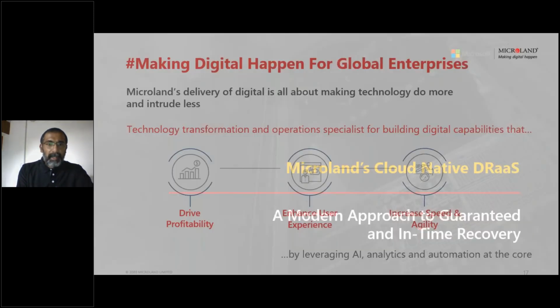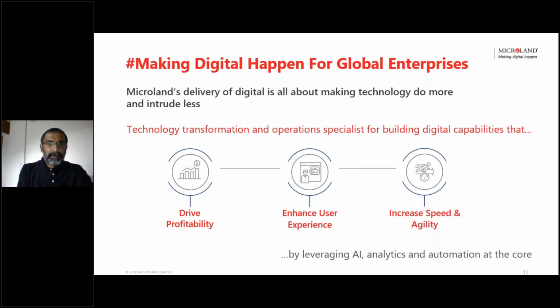So allow me to start with an introduction to Microland. Microland is a 31-year-old global IT services company headquartered in India with digital hubs and delivery centers in North America, UK, Europe, Middle East, Australia, Singapore, and of course our home country, India. We are a 4,000 plus strong, highly focused and specialized team of talent on modern technologies and transformational services.